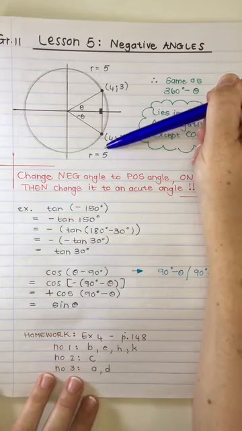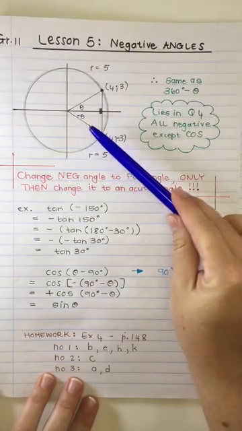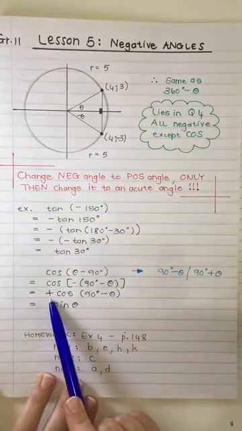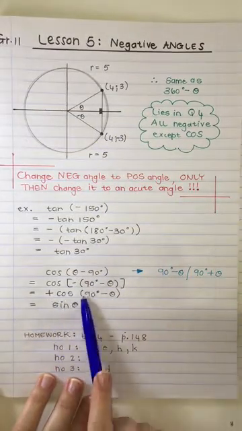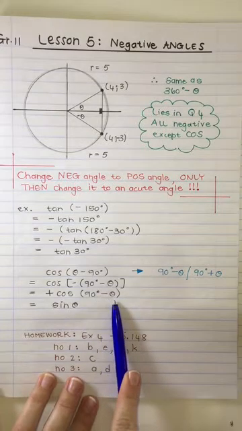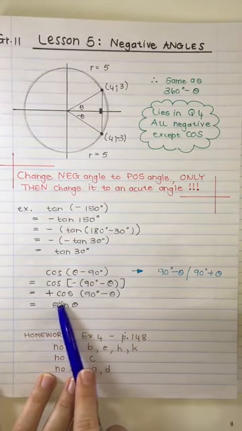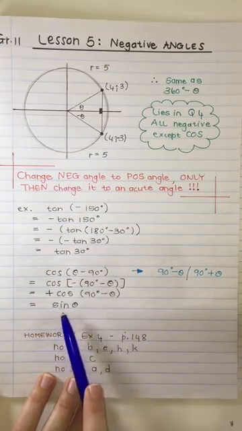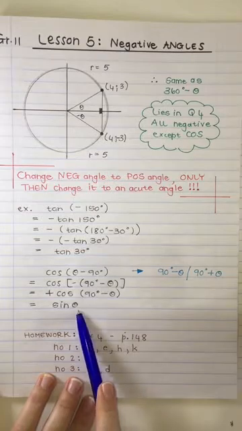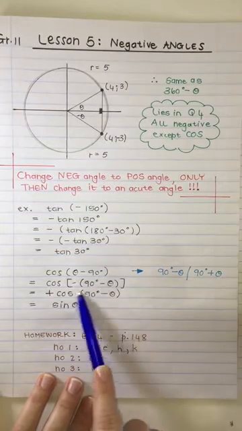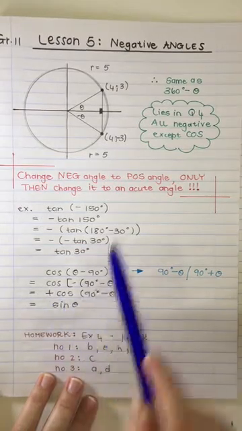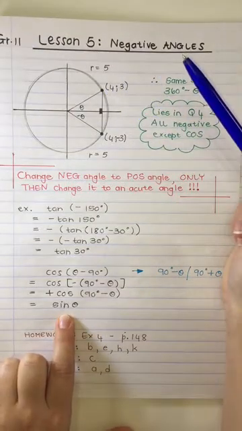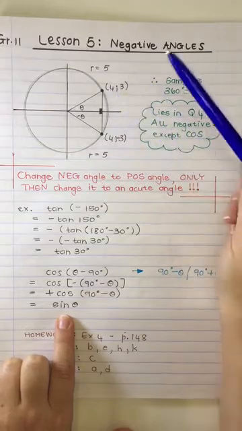In the fourth quadrant, cos is positive, so it changes to positive cos of 90 minus theta. And remember the rule: cos of 90 degrees minus any angle is the same as sine of that angle. Now we have a positive angle that falls in the first quadrant, and in the first quadrant sine is positive. All of them are positive in that one.